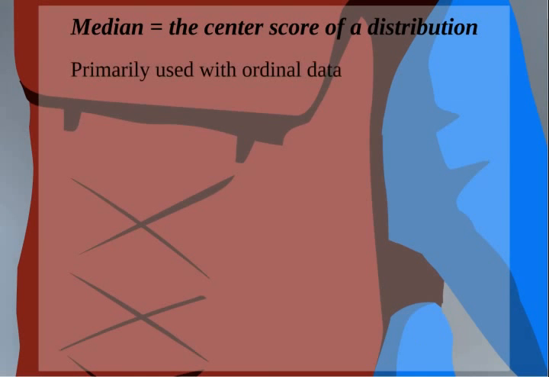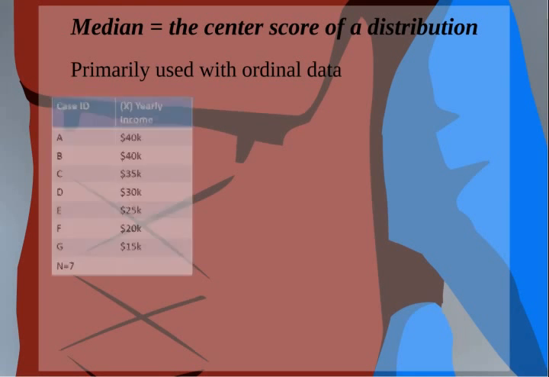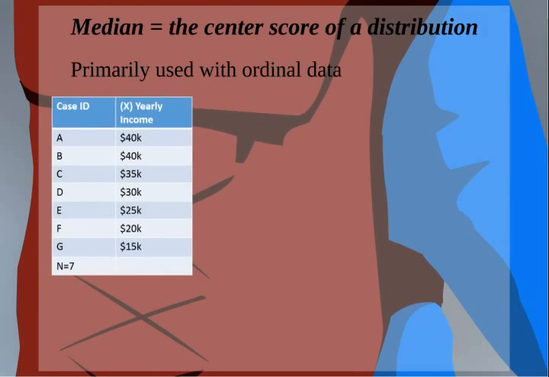This is primarily used with ordinal data, but it can be used with other types of data as well. Income is one that is often used, and you might ask, why would we use median with income when income is an interval or ratio score? Oftentimes we use median with income because income is often very highly skewed.